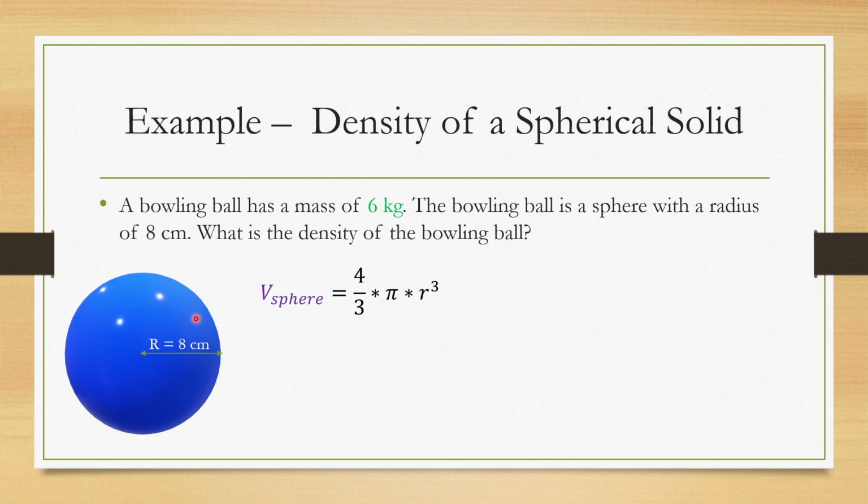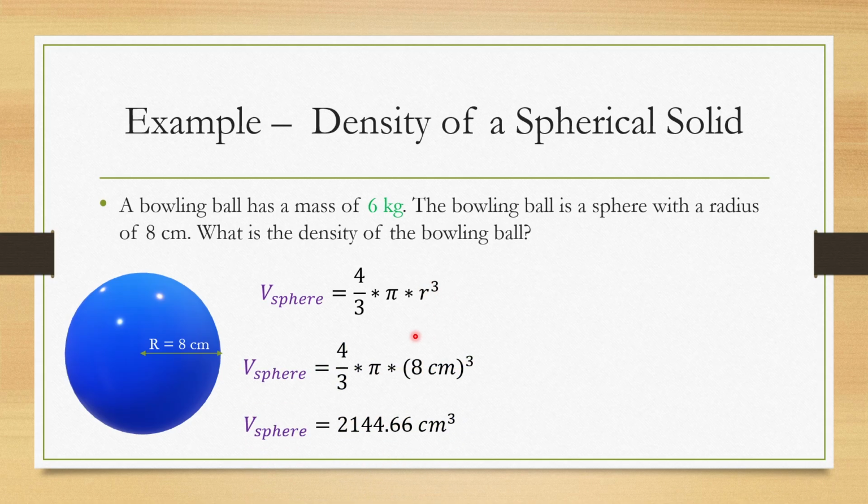From this, we will use the equation V equals 4/3 pi r cubed. Here we will plug in the radius of 8 centimeters, and when we compute, we get 2,144.6 centimeters cubed.